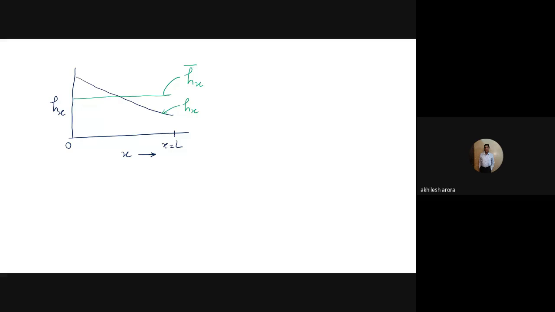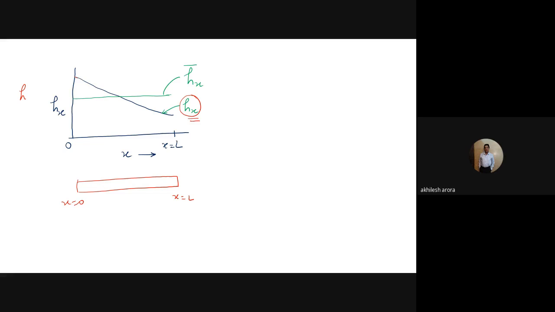So this is how I have tried to show the variation of the heat transfer coefficient. You can see this line is the heat transfer coefficient. This is the local value of the heat transfer coefficient. If this is the length of the plate, here x is equal to 0 and here x is equal to L. This curve shows the variation of the local heat transfer coefficient, and you can see it is reducing.